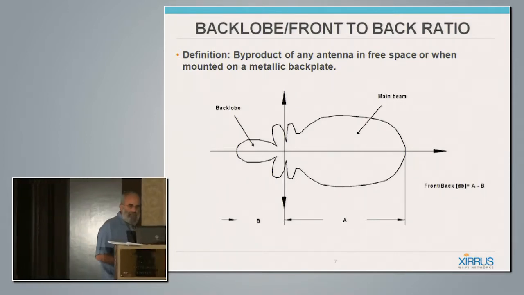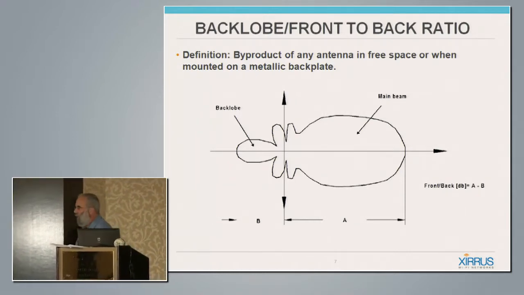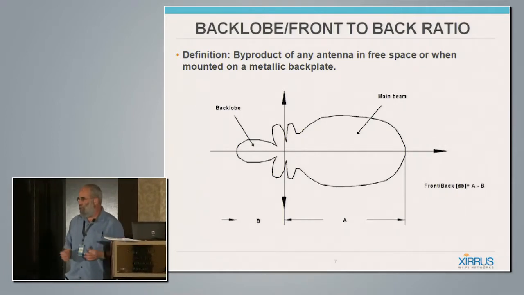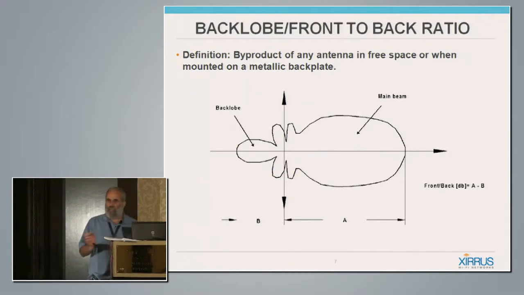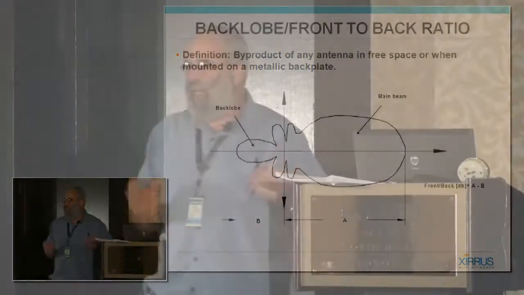And the problem is, if the back lobe is too strong, and like previously mentioned, if you have some access points that are in close proximity to each other, that back lobe can splash energy in a direction that you don't want and create some interference with another array or with another access point that is operating on the same channel.